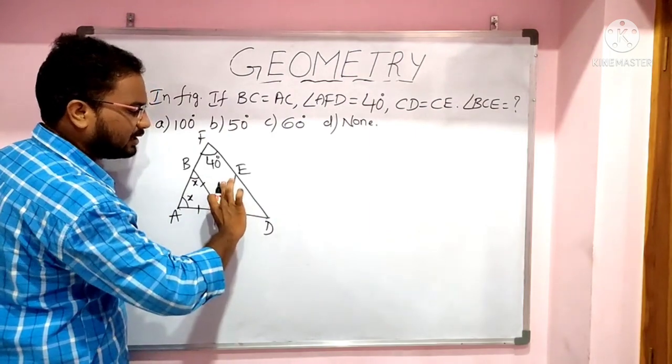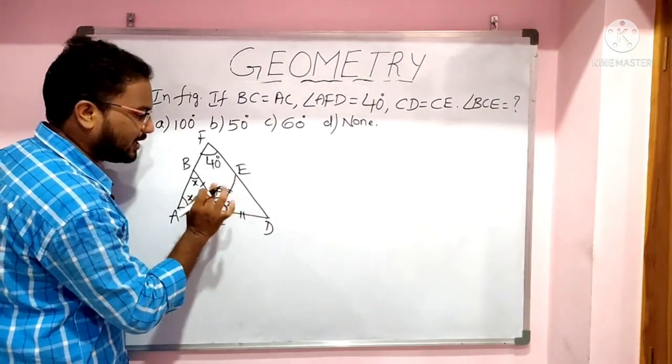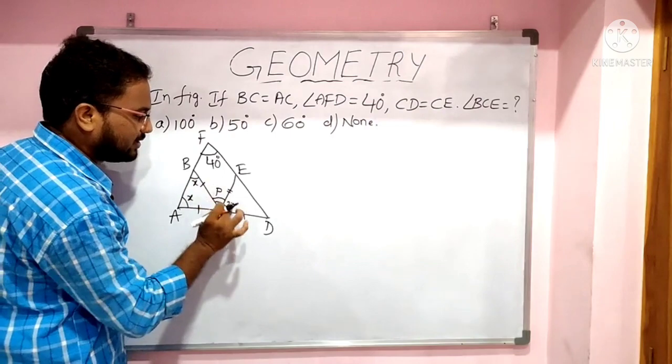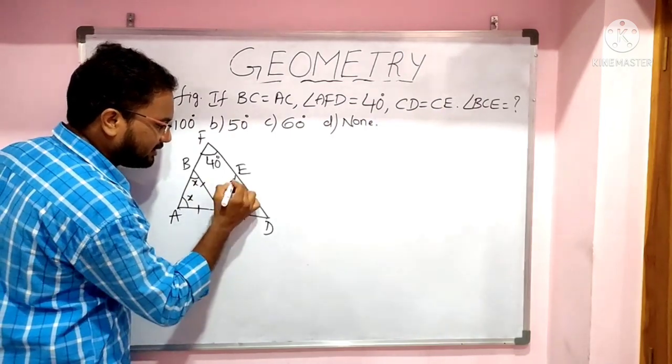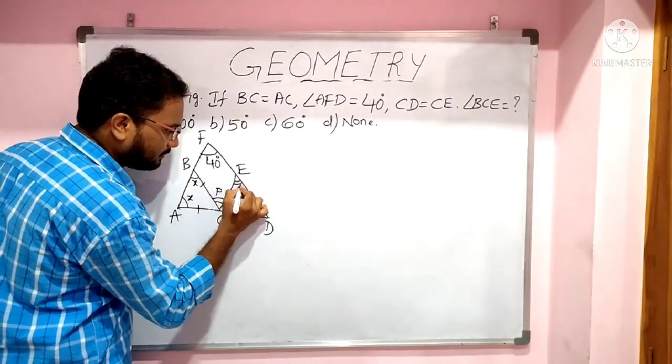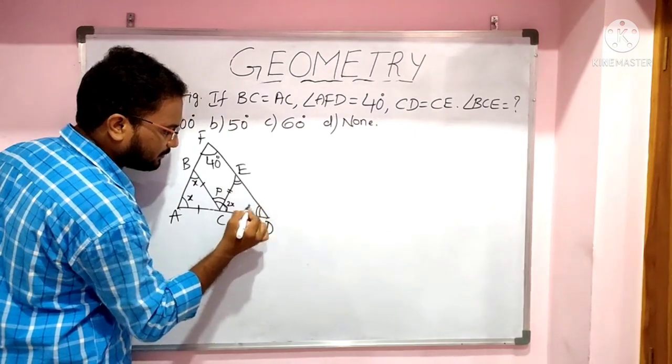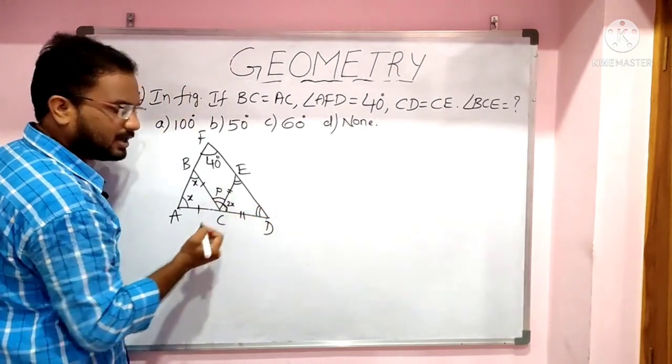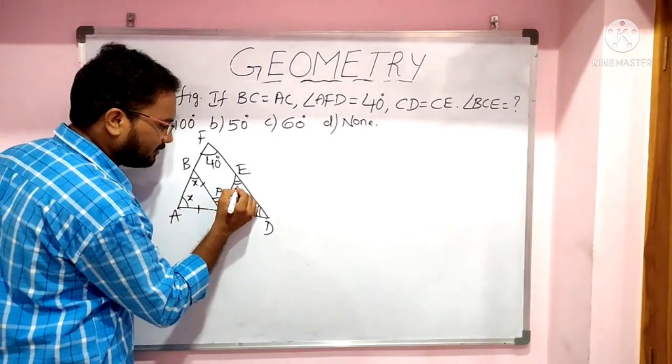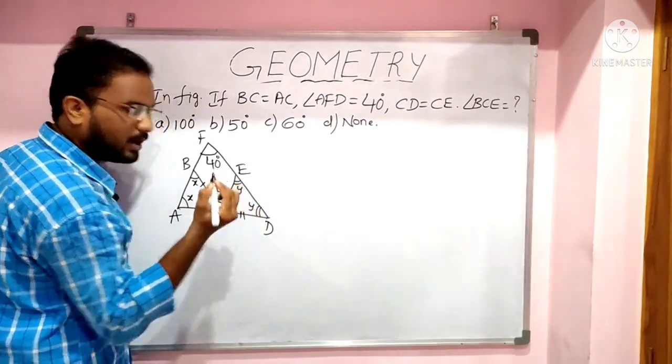Hence it is an isosceles triangle, so these two angles are equal. So angle E equal to angle D. Let us say this is Y.